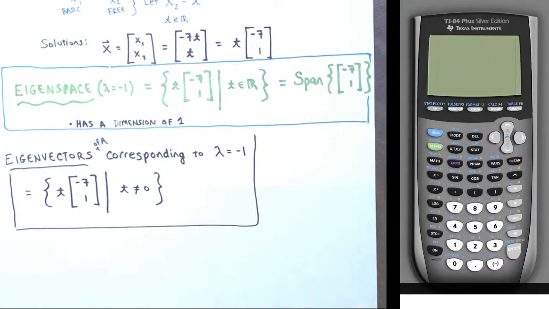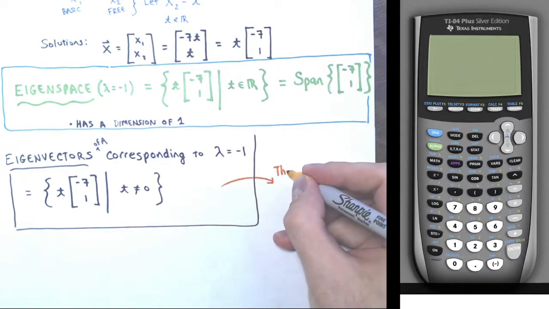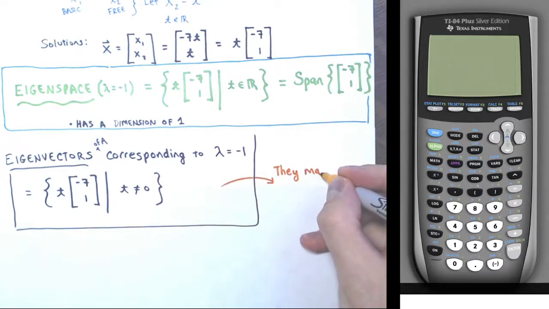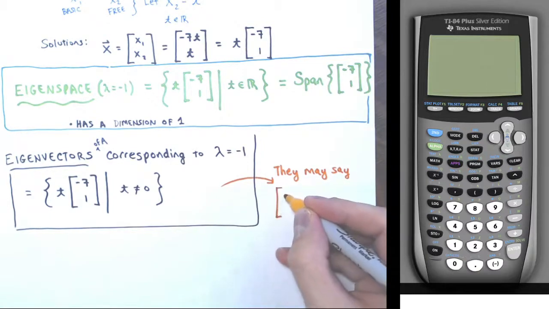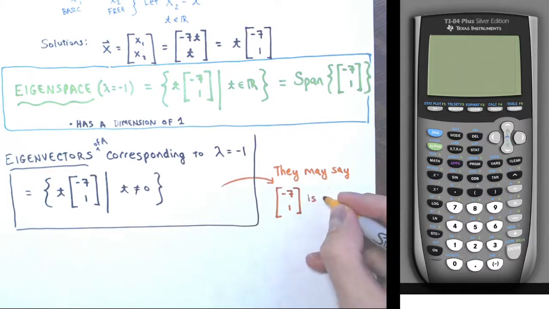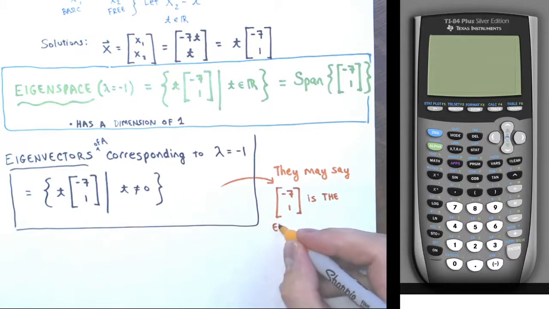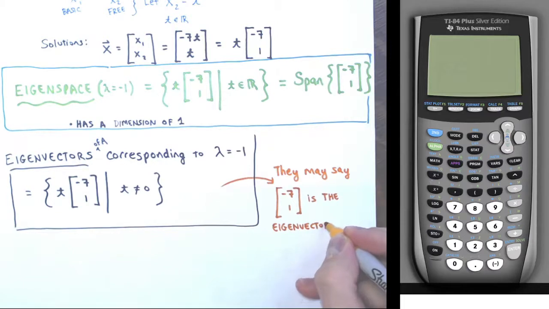So, they may say that just the vector -7, 1 is the eigenvector of A corresponding to lambda equals -1.